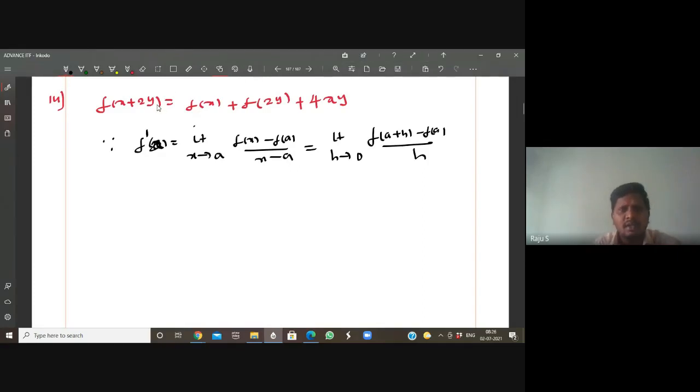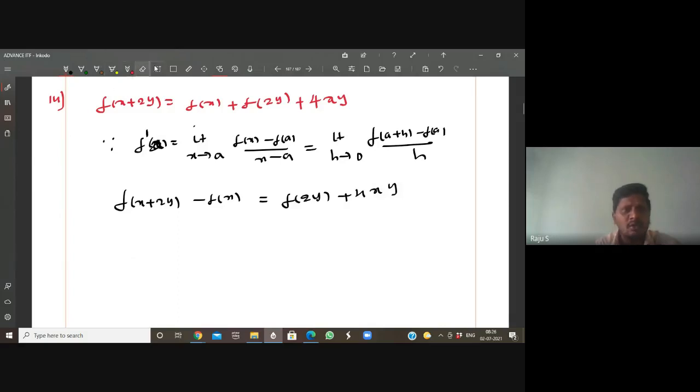This is another formula. We can write either way. So can you change the given condition into standard form? Anyone can change the given function into standard form? Yes, I want to do it like this. I want to take f of x to the left side. Then it will become f of x plus 2y minus f of x is equal to the remaining value, f of 2y plus 4xy.